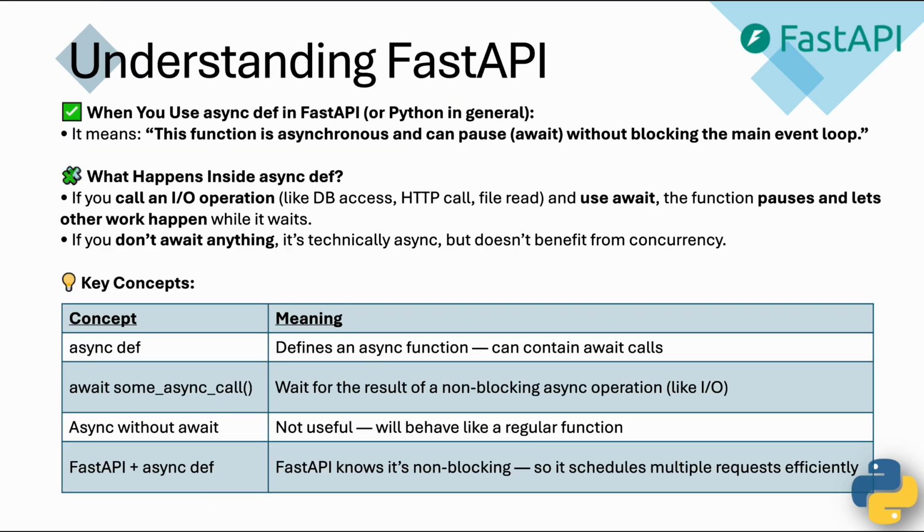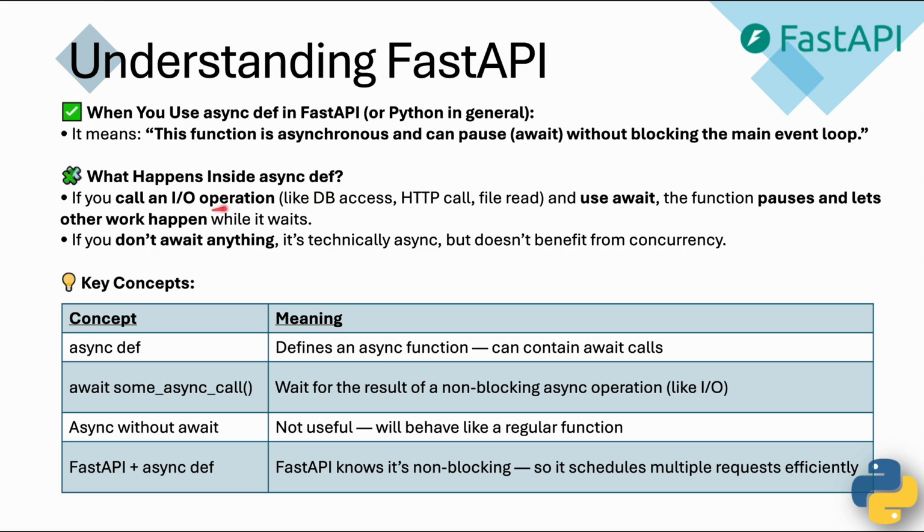Understanding FastAPI. When you use async def in FastAPI or Python in general, it means the function is asynchronous and can pause, which means await, without blocking the main event loop. What happens inside the async def?